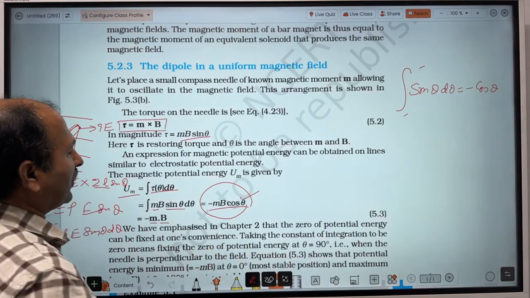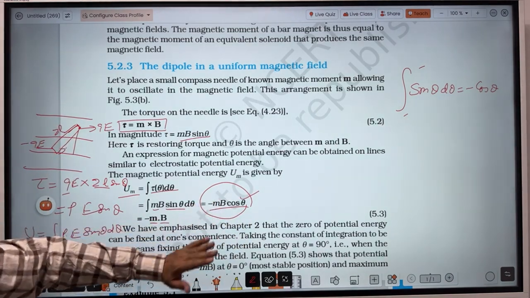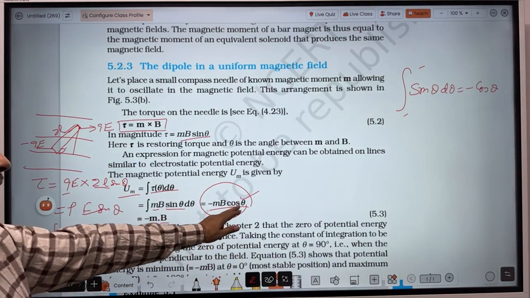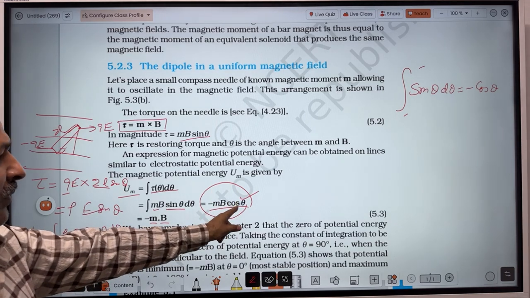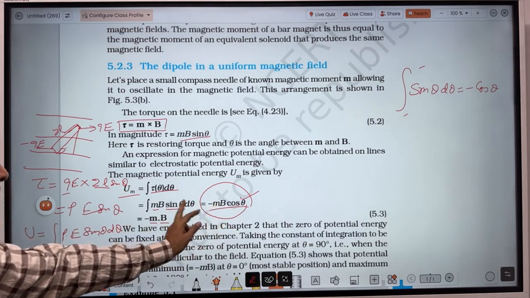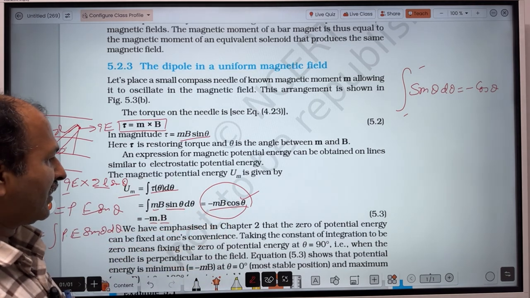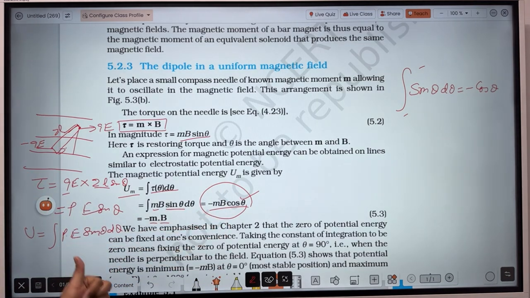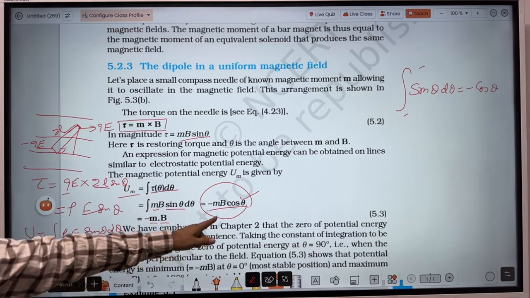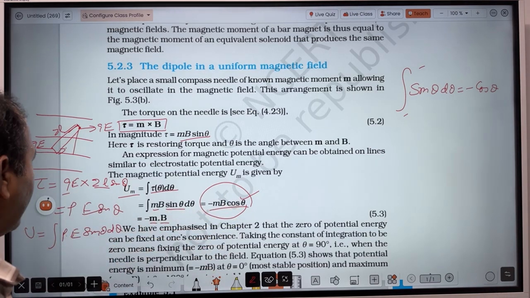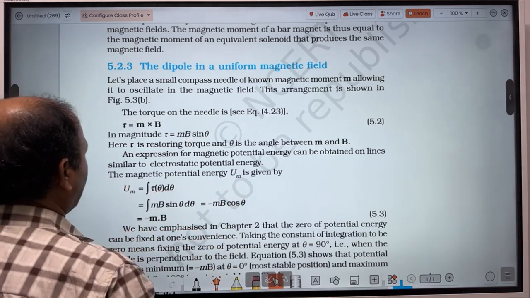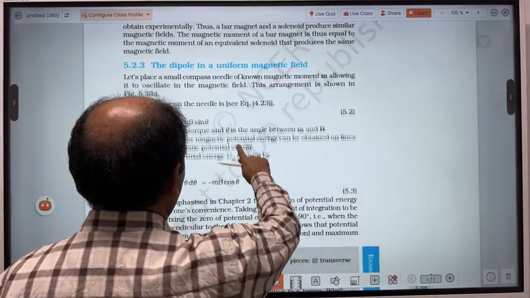If we put theta equal to 0 degrees, we will get minus MB. If we put theta equal to 90 degrees, then it will be 0. If we put theta equal to 180 degrees, then U will be plus MB, because cos 180 is minus 1, so that will be the case of unstable equilibrium. Stable equilibrium is theta equal to 0 degrees, correct? So I think up to here you have understood fully.